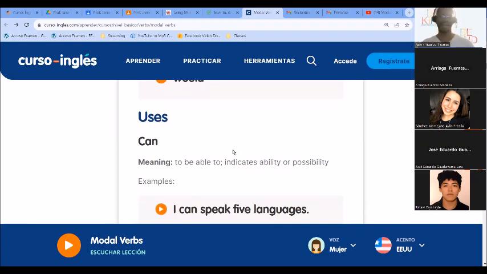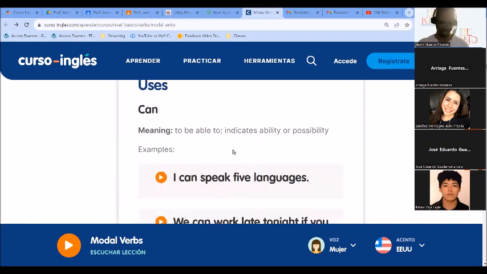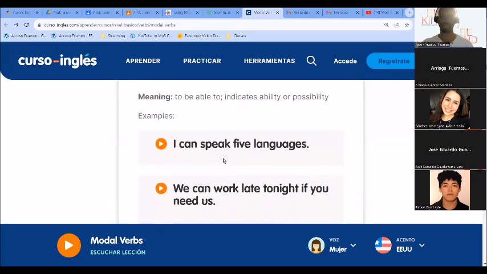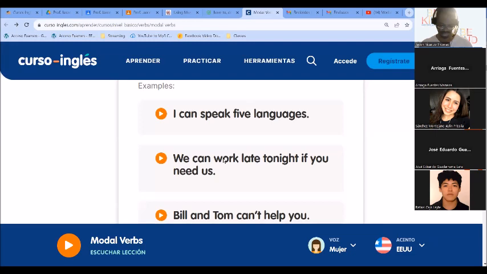Eileen, can. Can, meaning to be able to, indicates ability or possibility. Examples: I can speak 5 languages. We can work late tonight if you need us. Us, be careful, us, here.